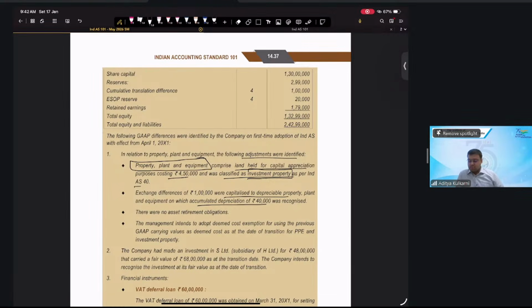So now you tell me, is this something outside the purview of transition, or is it something which is very much a part of transition? Yeah, part of transition. No, I mean to say, is this something for which an adjustment is needed, or is it something which is acceptable for transition? Just move it as it is.